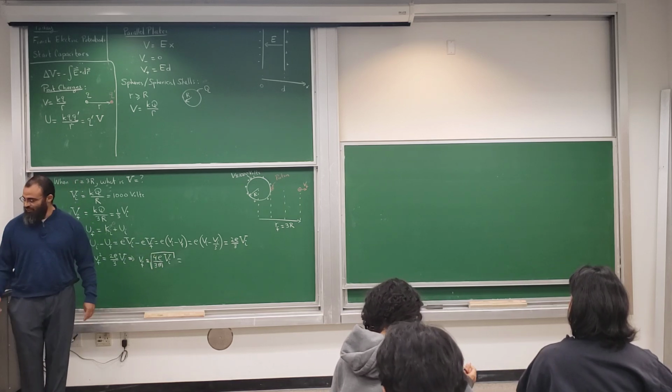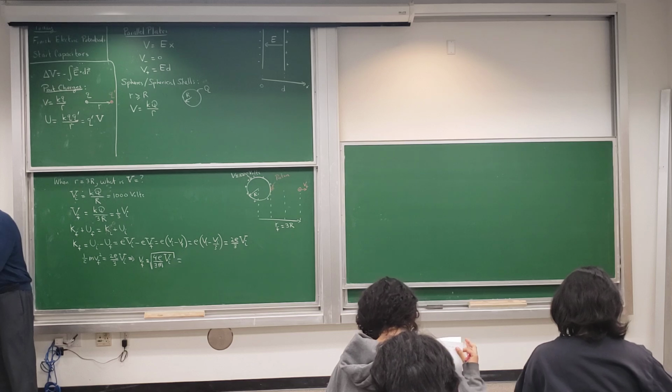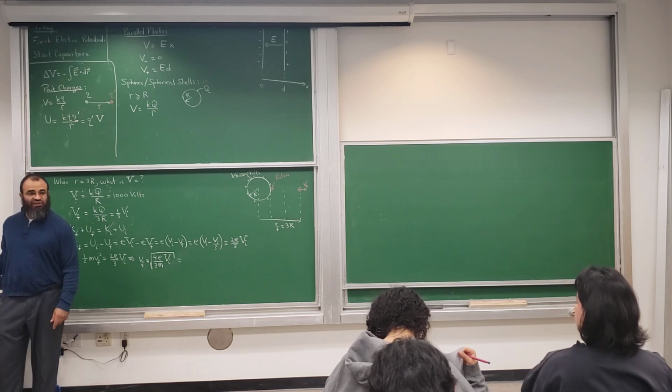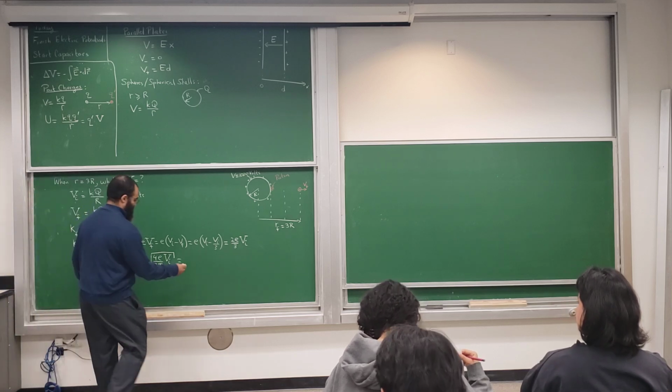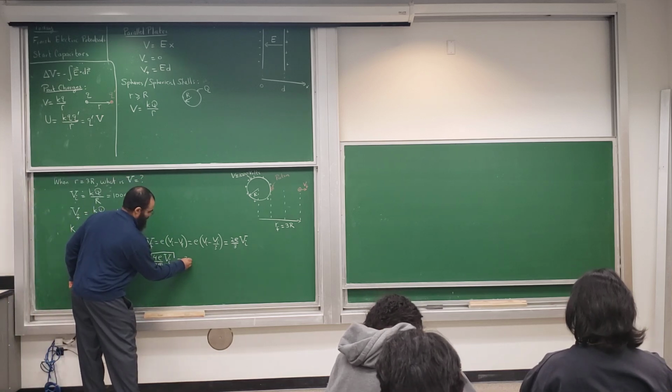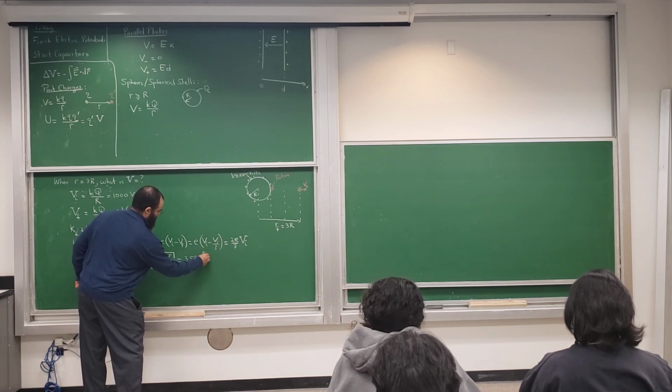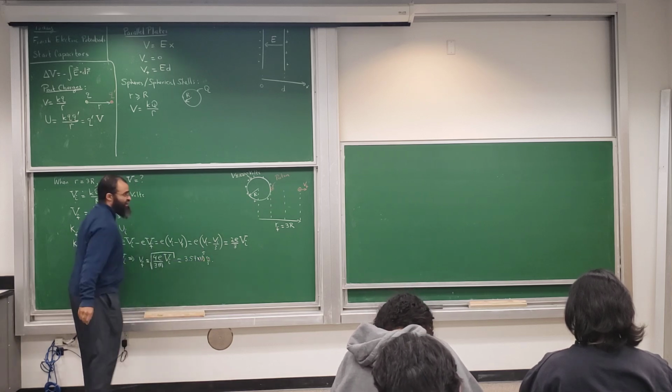You do the numbers, I will just give the result. It should be 3.57 times 10 to the 5th. So that's the speed at the end.